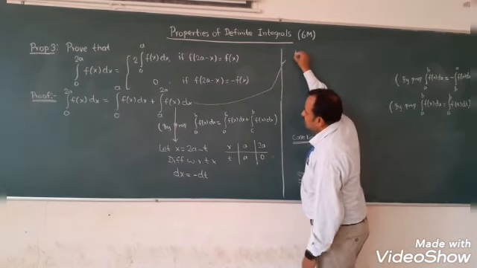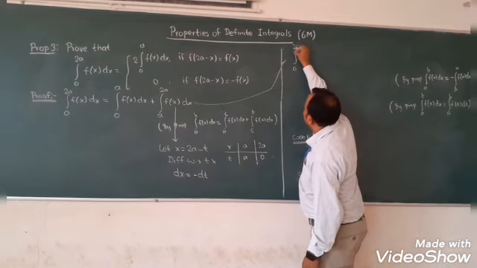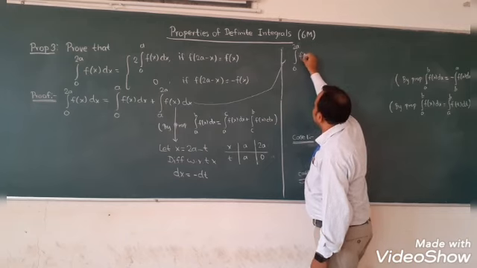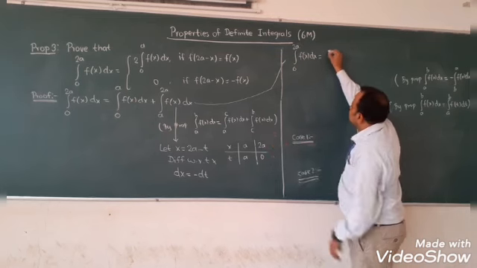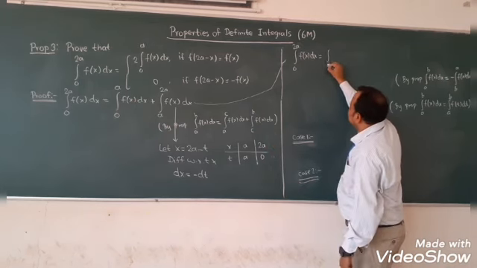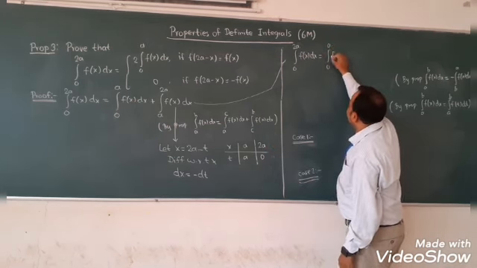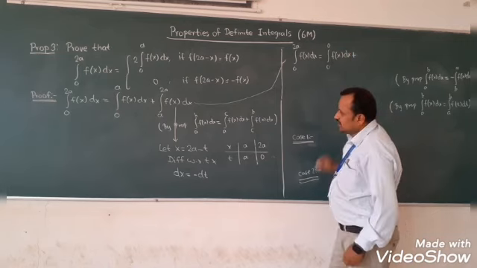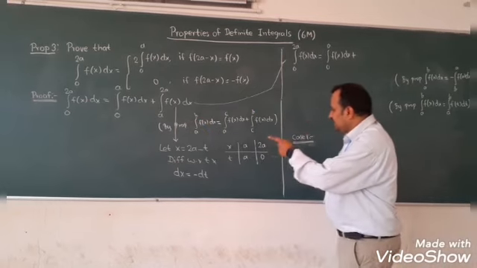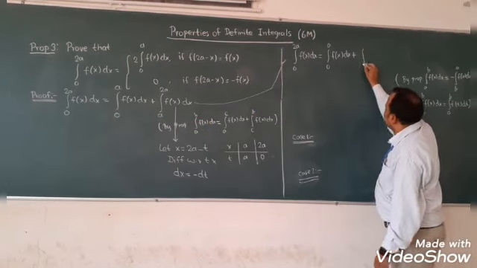So here I can say 0 to 2a f of x dx is equal to, so that part I did not touch, so 0 to a f of x dx plus. Now see here, now lower limit a, so lower limit will be a only.